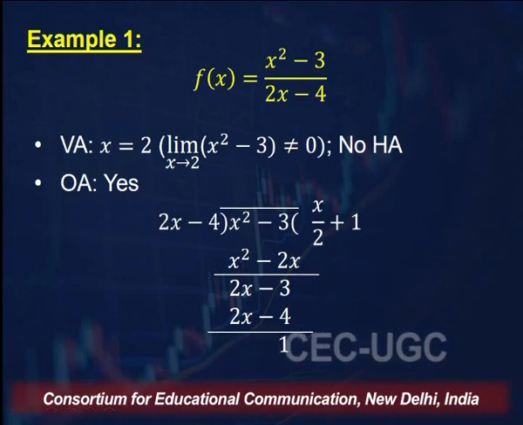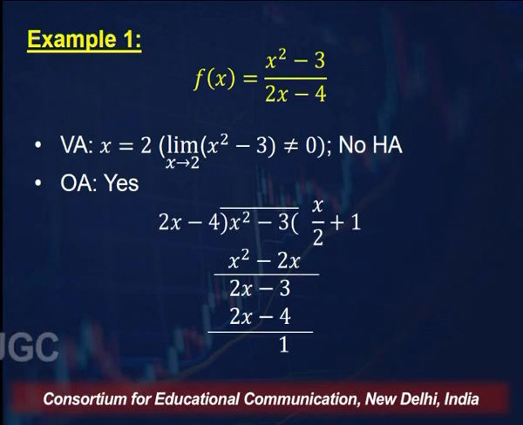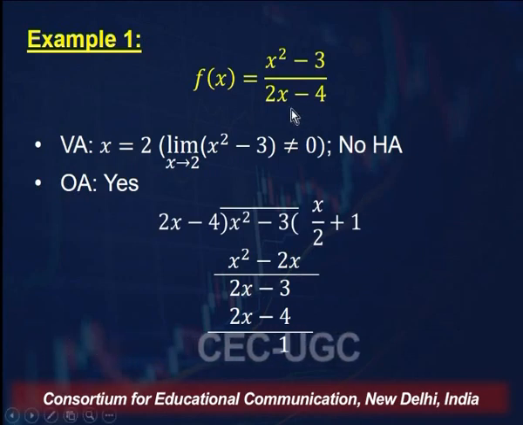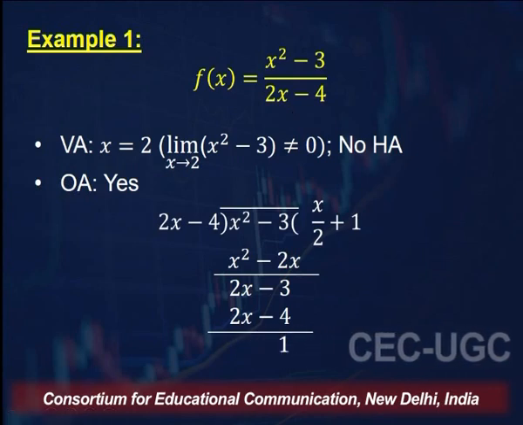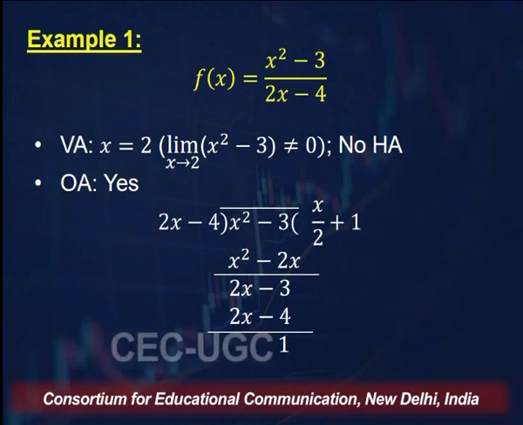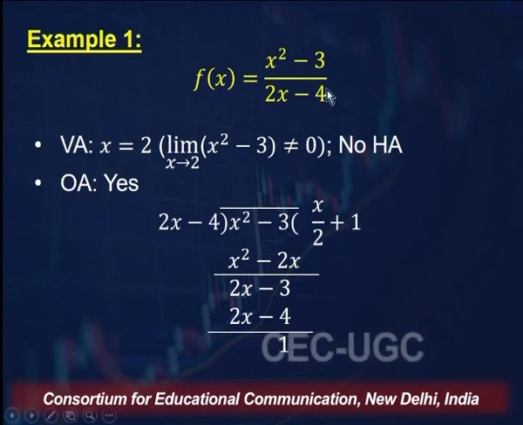So let's first look for the vertical asymptote. As I said, the trick here is to check for what value of x the denominator is 0. Here we see that the denominator is 0 for x equal to 2. But at the same time, make sure that the function tends to infinity or minus infinity, because you don't want any holes in the function.